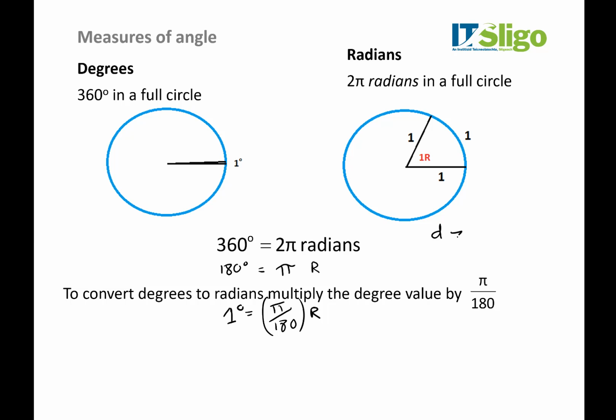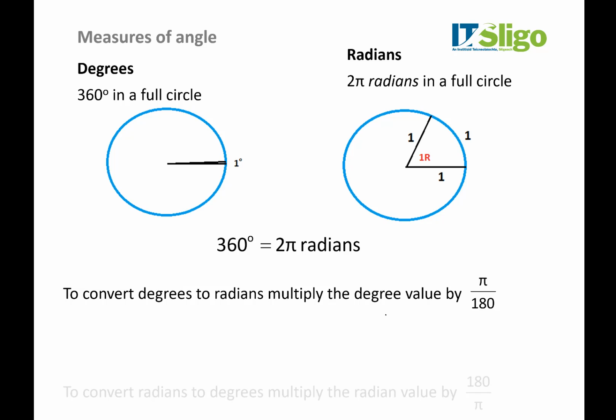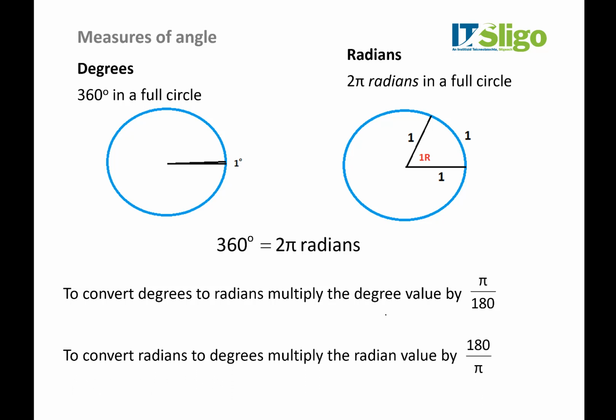So degrees to radians, multiply by pi over 180. If we need to go the other way, if we want to get radians on its own, then we divide both sides by pi. And that's 1 radian. So 1 radian is this many degrees. So to go from radians to degrees, we multiply by the reciprocal of this. And that's how you go from one to the other.